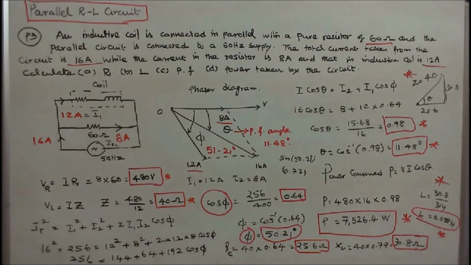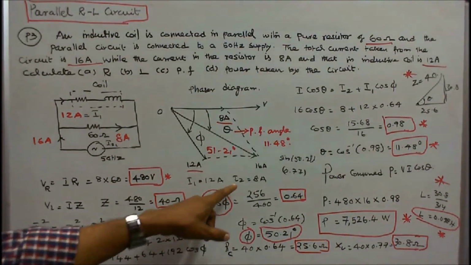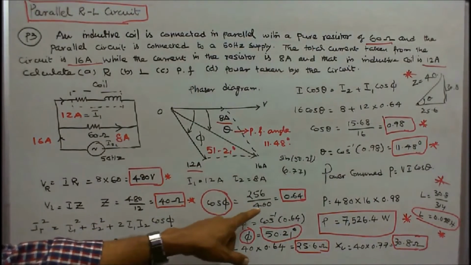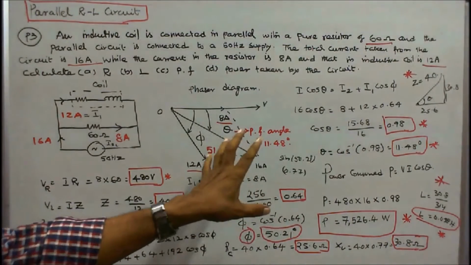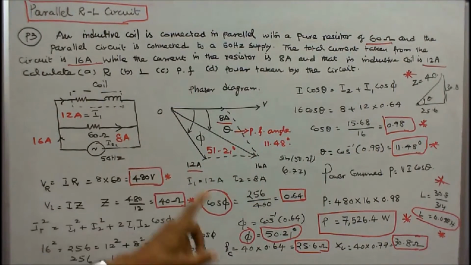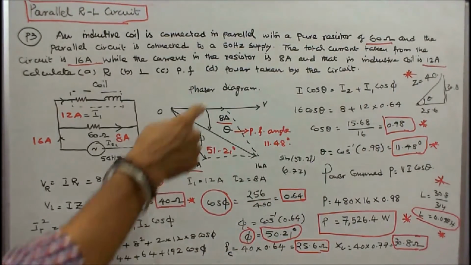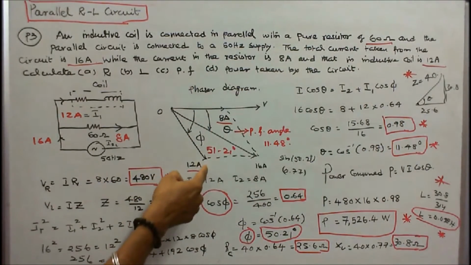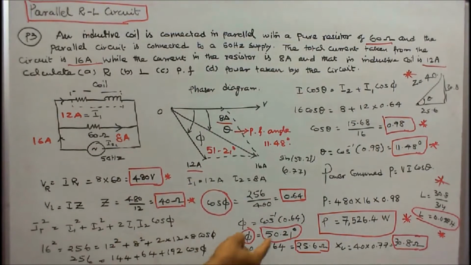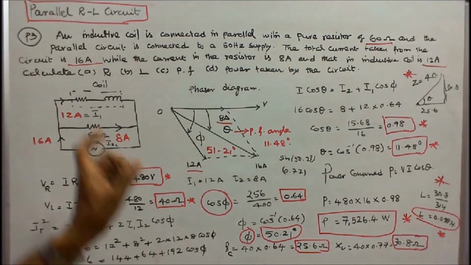I can find the cos phi. Cos phi is equal to 256 divided by 400. That is equal to 0.64. Phi is equal to cos inverse of 0.64. That is the angle between V and I1. That is 50.21 degrees.